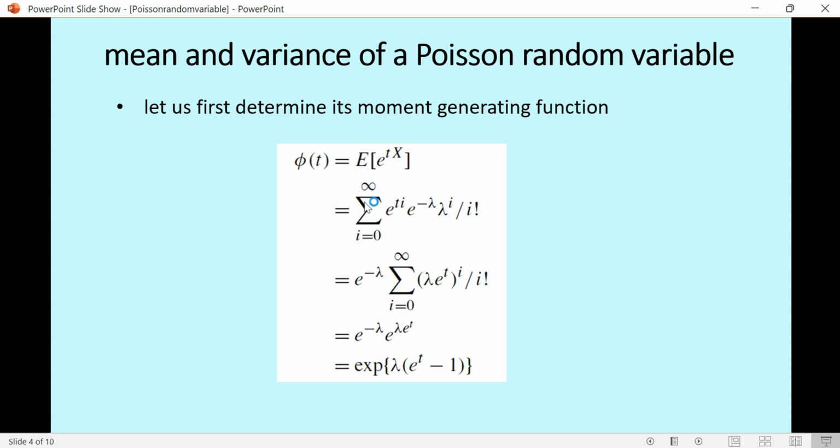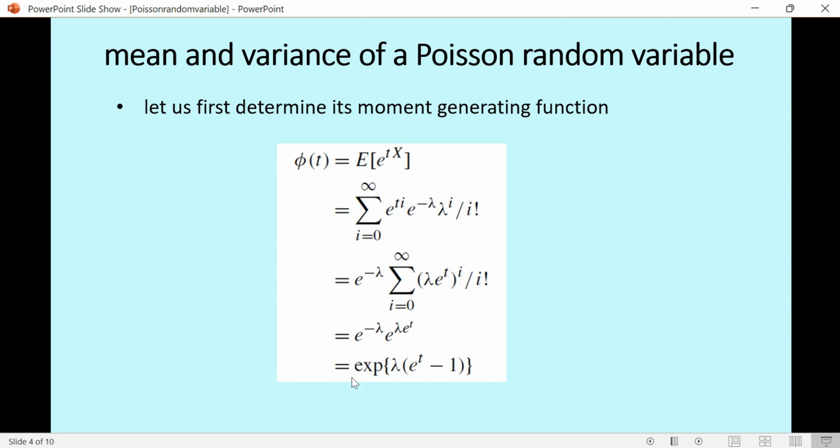For the Poisson random variable, we make some transformation and get exp, also e, with inside the brace lambda times e to the t minus 1. Because we want the expectation, we use the probability of the Poisson random variable.